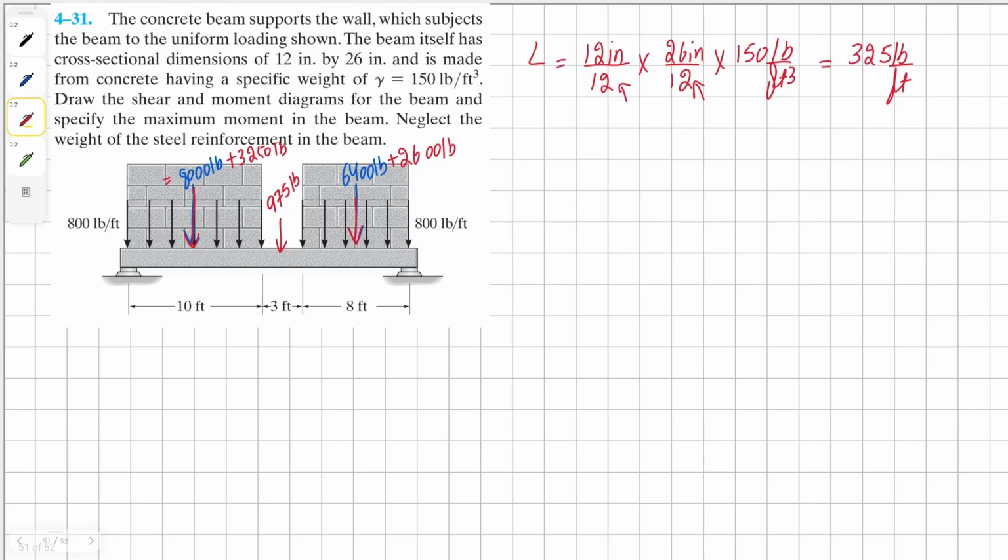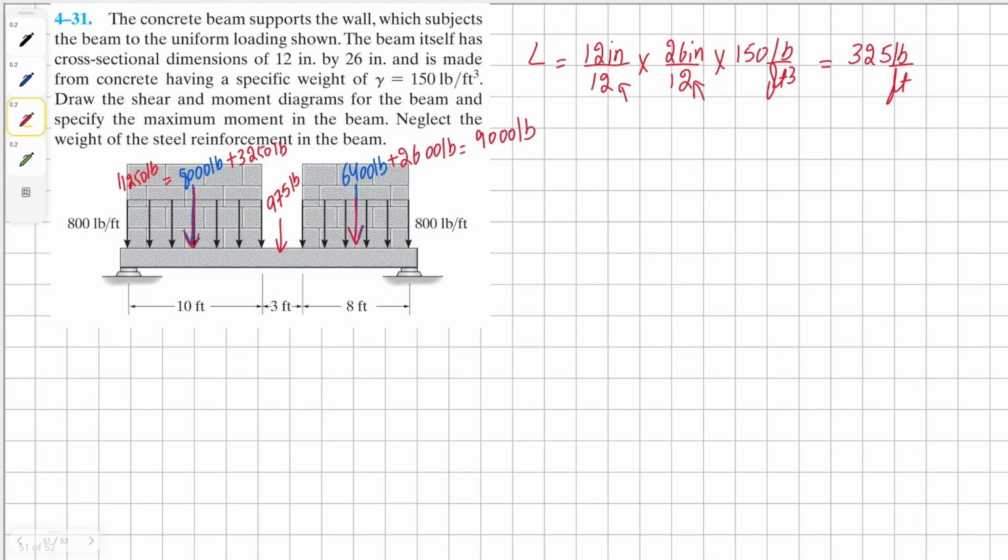Adding these together, you're going to have 11,250 pounds, and on the left hand side it's going to be 9,000 pounds.